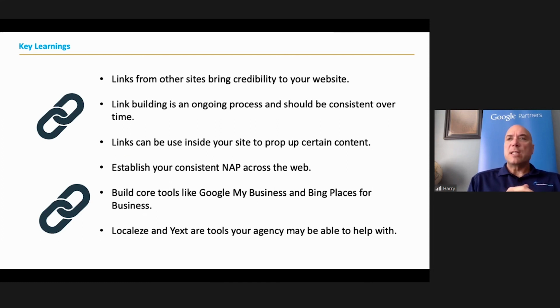So by getting lots of backlinks to your site from external sources on a regular and consistent basis, organizing the internal links within your own website, getting good name, address, and phone number consistent and pervasive across the web, and making sure that those core data aggregation sites like Google My Business and Bing Places for Business are completely filled out and accurate, doing those things is going to get you that off-page optimization that we've talked about.